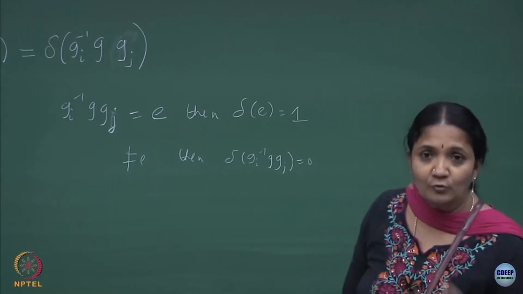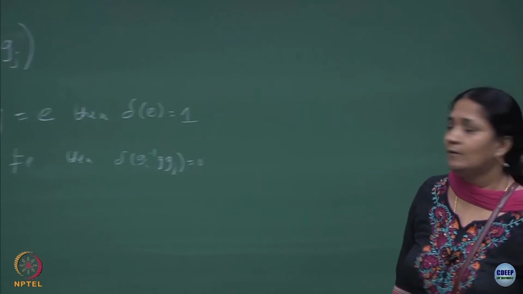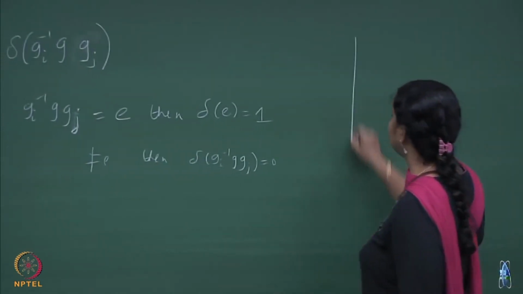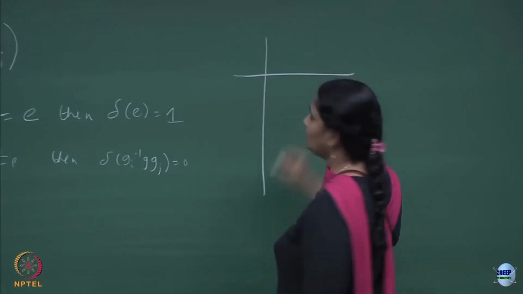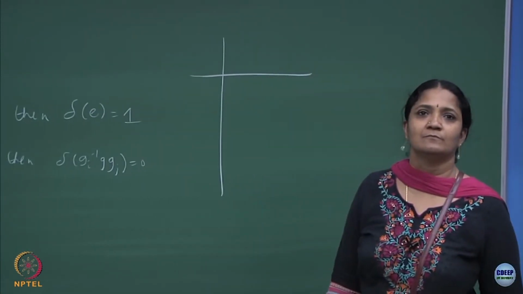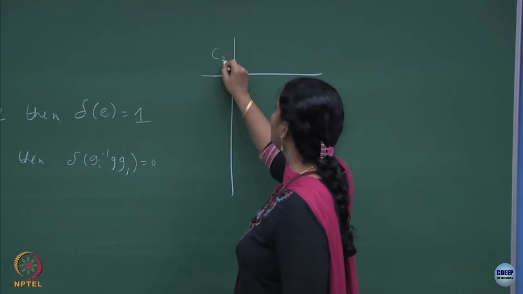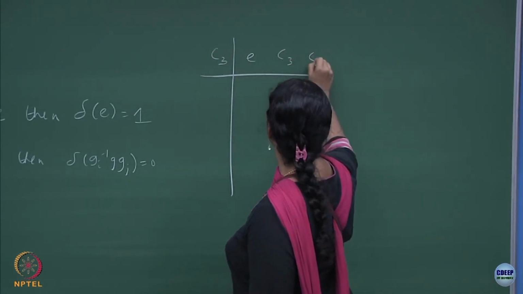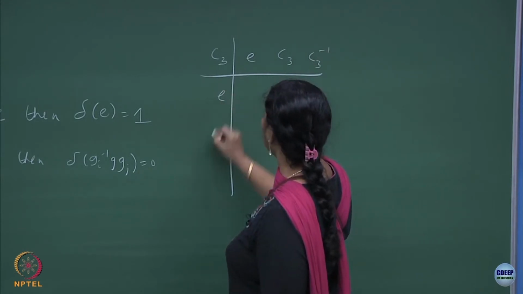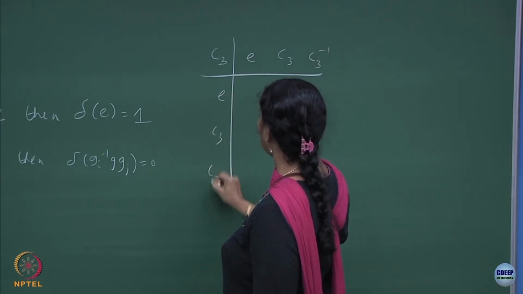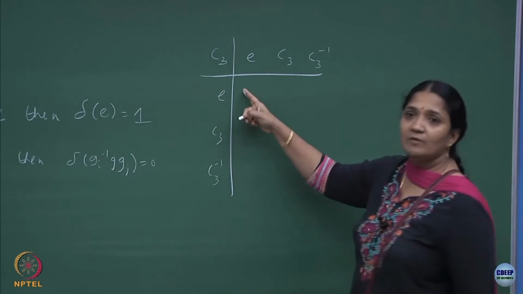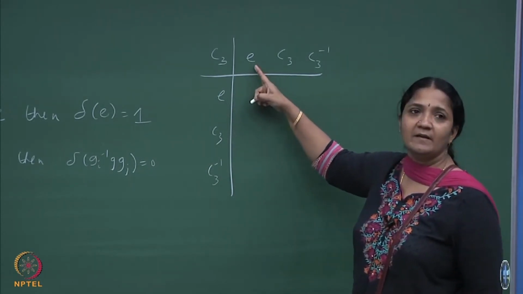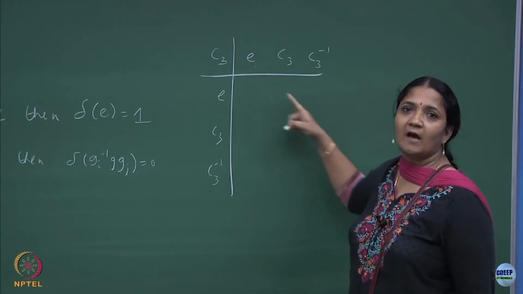So, you could do this for C4. If you try to write the multiplication table, let us do it for C3. The C3 multiplication table is, so you can write the multiplication table to help you with playing around. So, this will be for the identity element, let us write out what will happen.